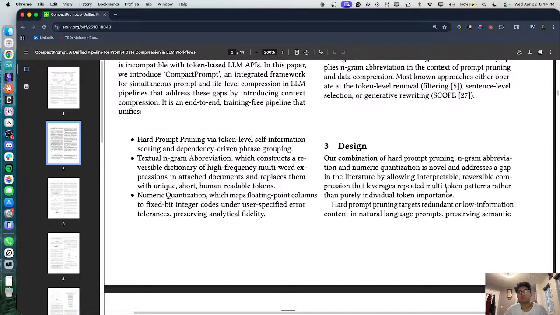And then we also have numeric quantization, which basically has a huge number which maps to a specific number within a scalar factor that is done by mathematical formula.